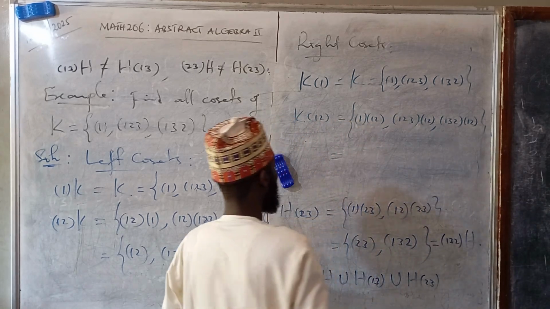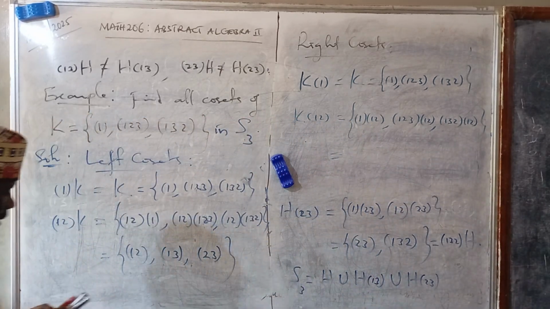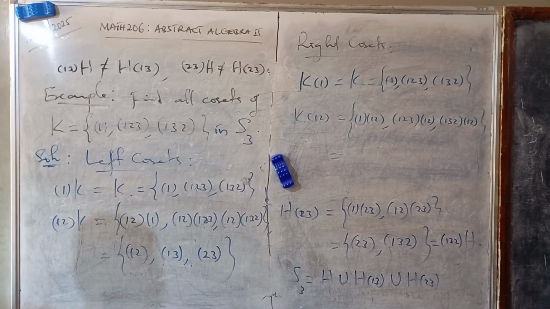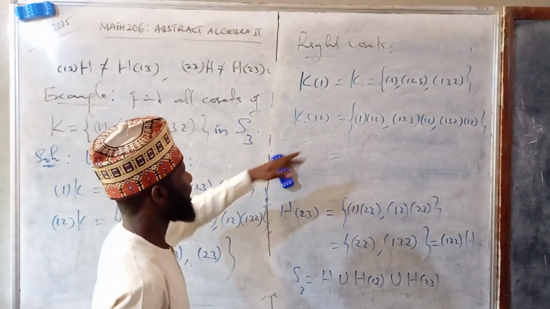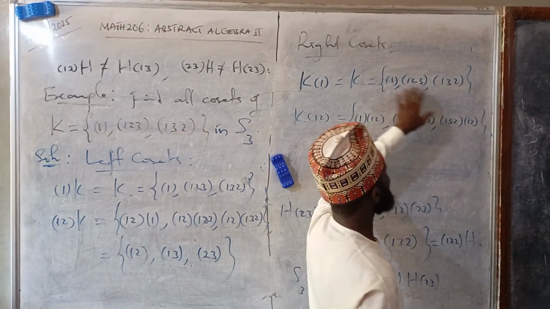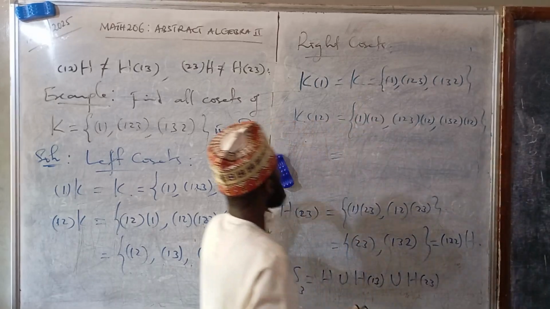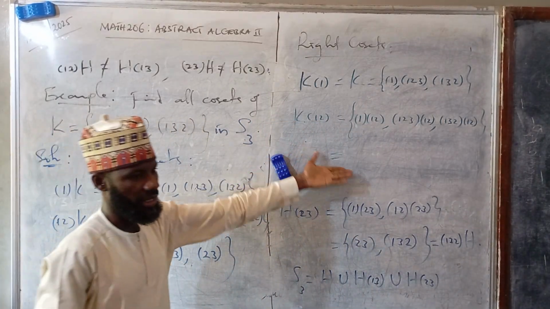Well, something that is very clear here is the fact that this coset must contain 3 elements. And the 3 elements have already appeared inside the first coset. So the remaining 3 elements in S3 must be the ones here.